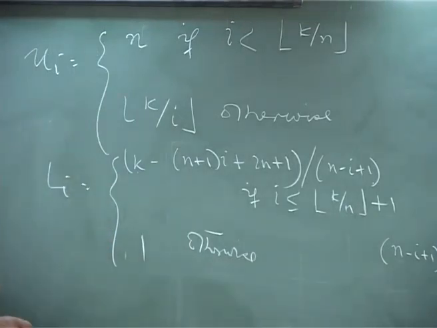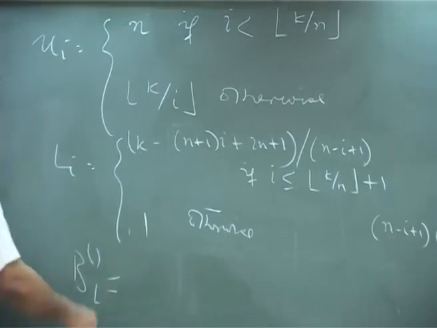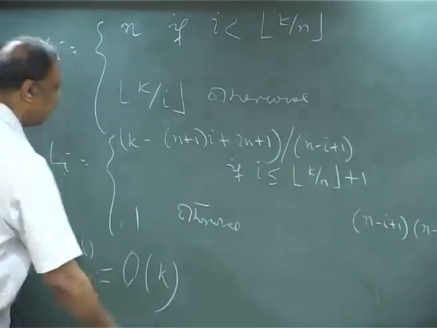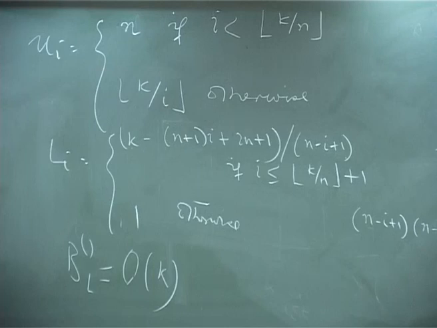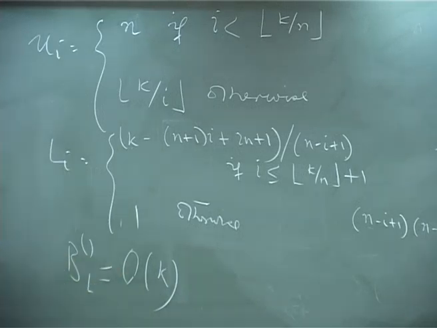Because a lot of arithmetic will be coming, initially we have seen that BUL is order k through some harmonic number. So we have shown that BUL is order k. Right?